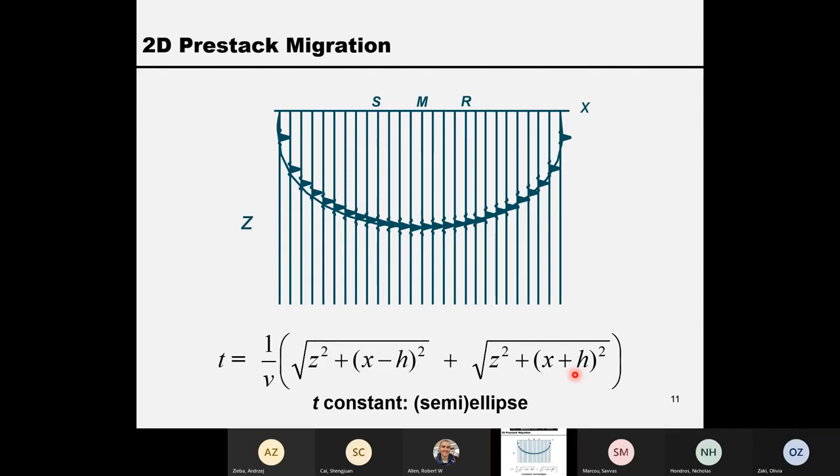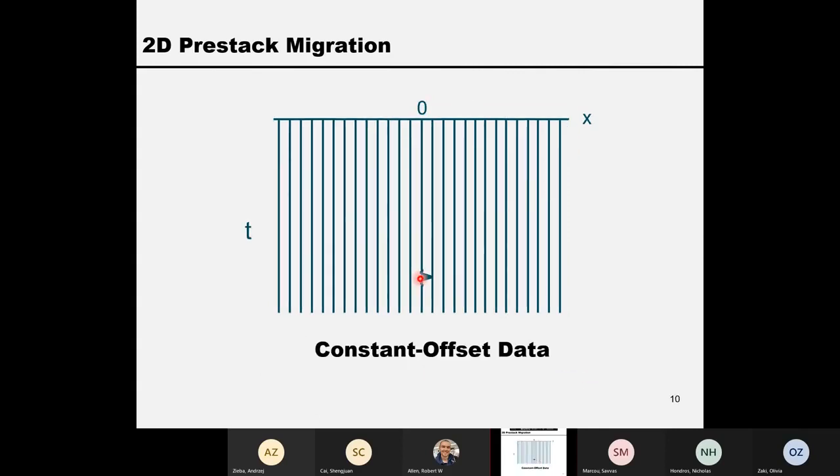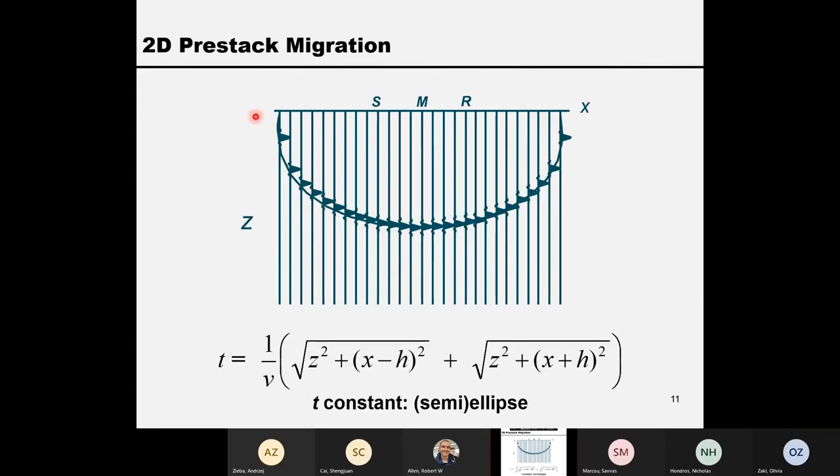Okay, so that really means this data sample could be a reflection from this point, or from this point, right? Okay, so what do we do in migration?